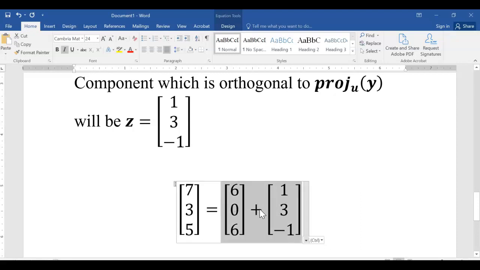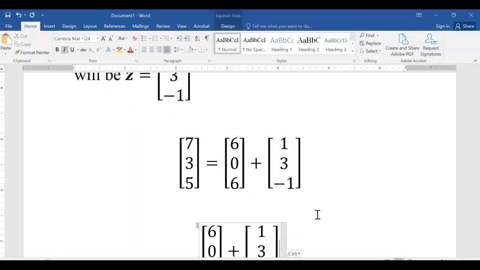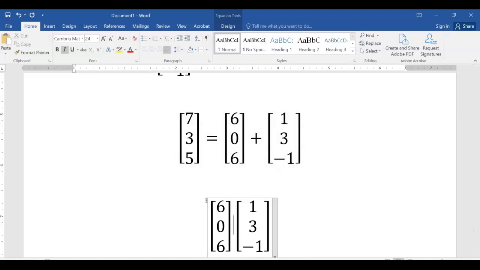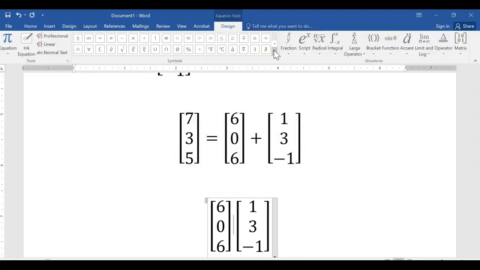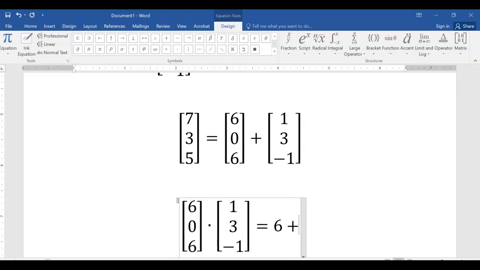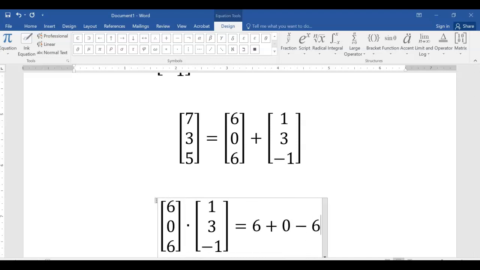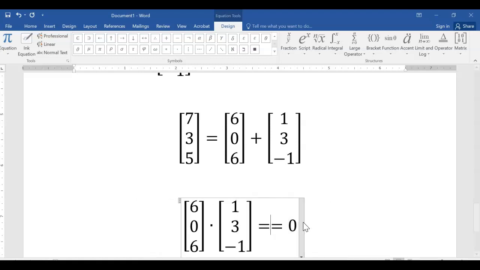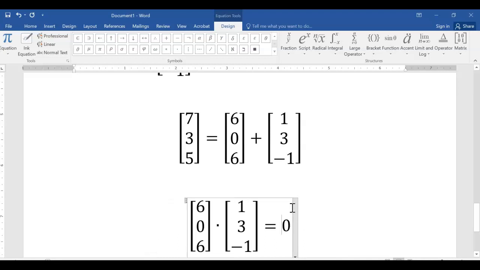And you can also confirm that when you take the inner product of these two, you get 6 plus 0 minus 6, which is in fact 0. So those two vectors are orthogonal.